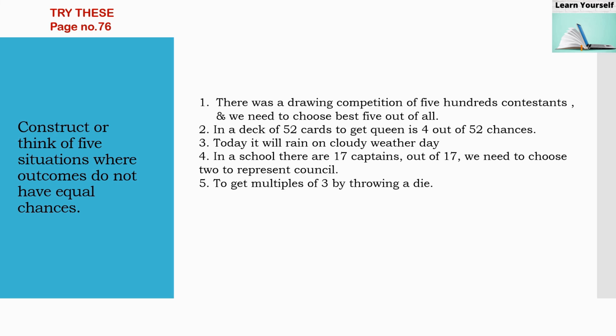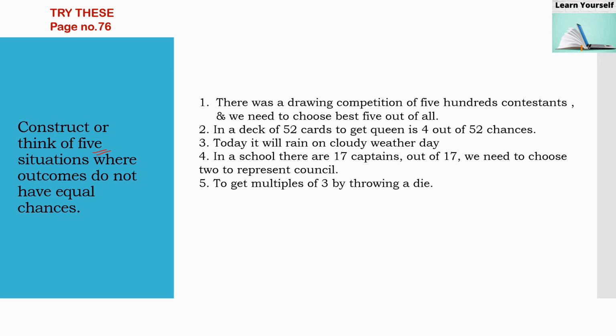Chapter number 3, try these sums from page number 76. The question says construct or think of 5 situations where outcomes do not have equal chances. Now what is the meaning of equal chances?